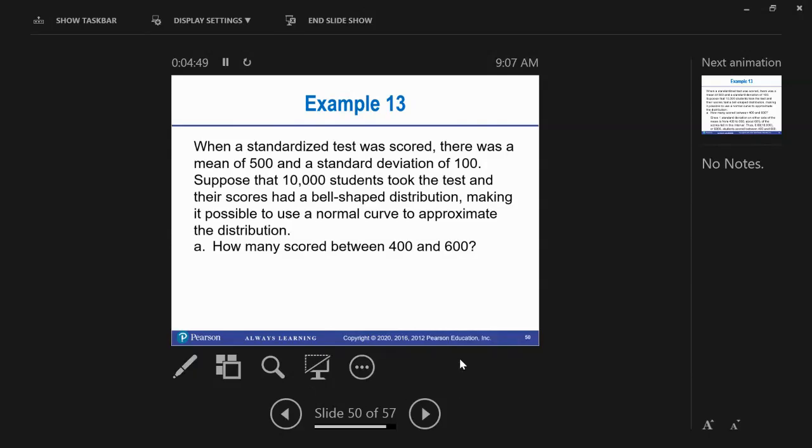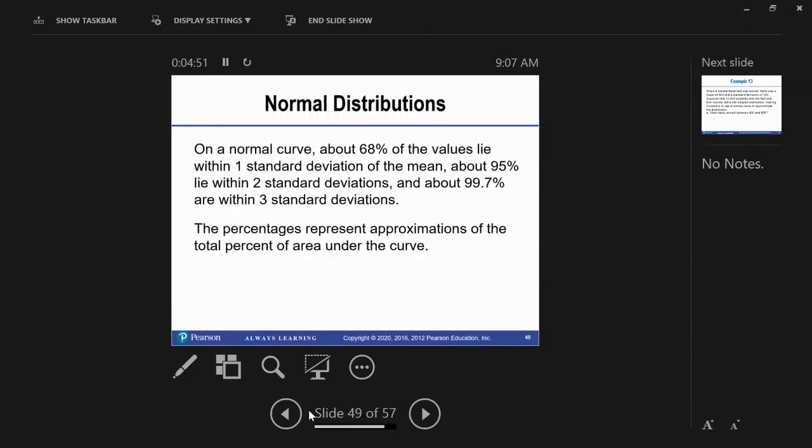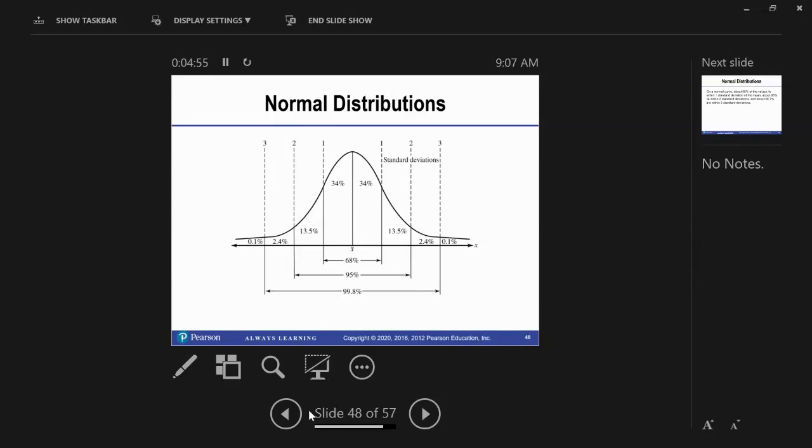We'll figure this out. So we have our mean of 500 and our standard deviation of 100. So you would put 500 at the X bar. Now, if our standard deviation is 100, then that means if this is 500, my next bar is going to be 600.